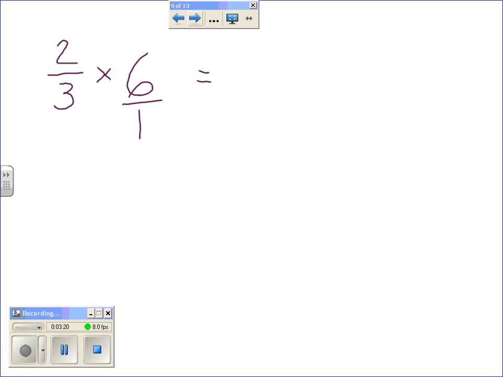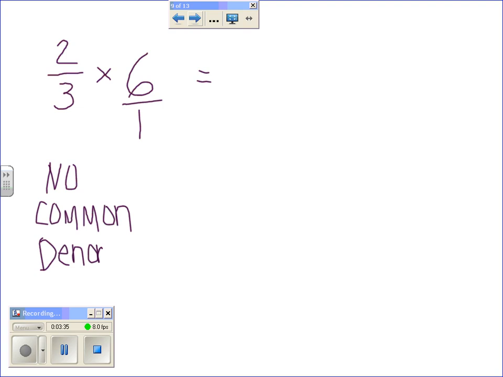The great thing about multiplying fractions is you do not need a common denominator. I hope you're cheering. No common denominators. We can just multiply straight across.